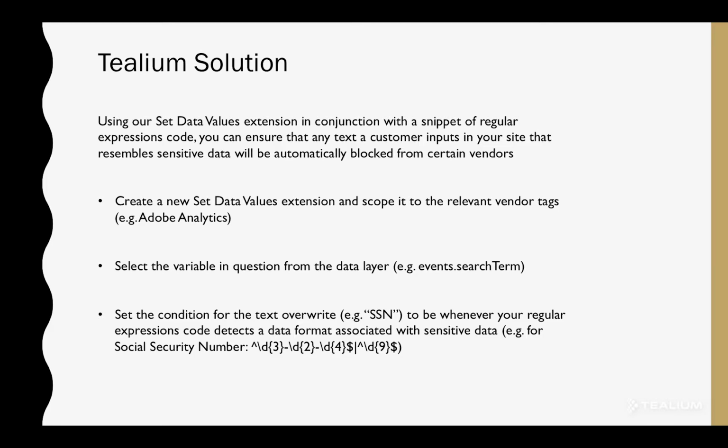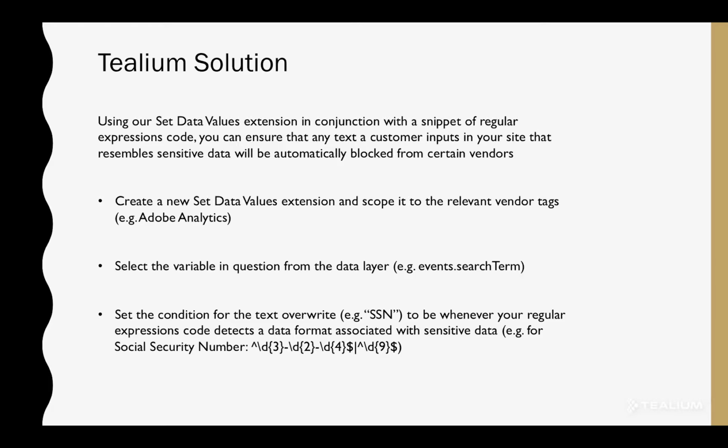And in this example, it's going to be events.searchTerm. And then the final step, you're going to set a condition for the text overwrite, which basically will be to enter the text SSN in place of the social security number. And that's going to happen when the regular expression code detects the data format associated with that sensitive data. And you can see the code here below.